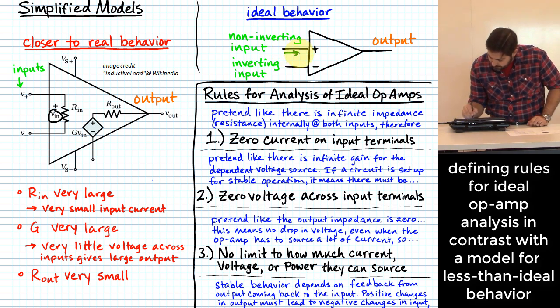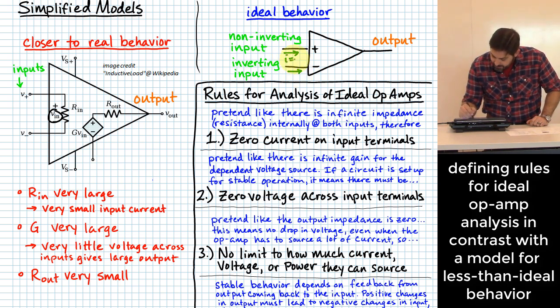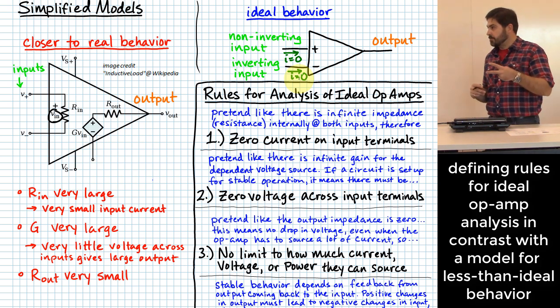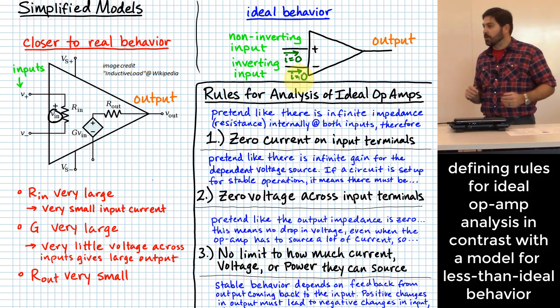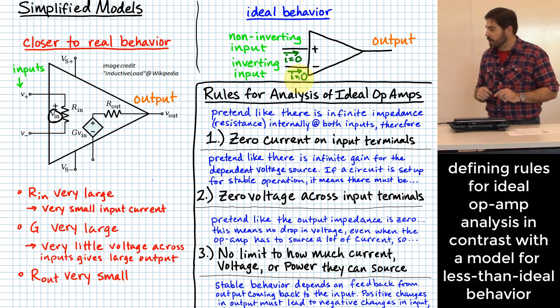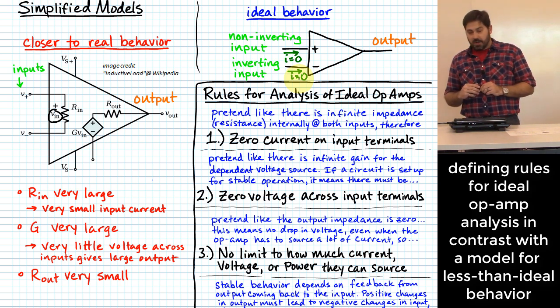If I talk about currents on either of the input terminals, it has to be 0 on both of these if that has infinite impedance on the inputs, right? No matter how much voltage you put across them, it's going to allow 0 current to flow in if you assume that it's got infinite impedance. So that means 0 current happens on both of the input terminals. You comfortable with that? Okay?